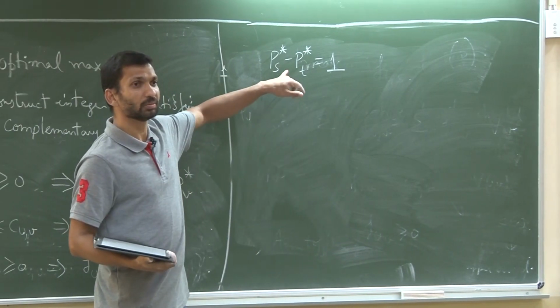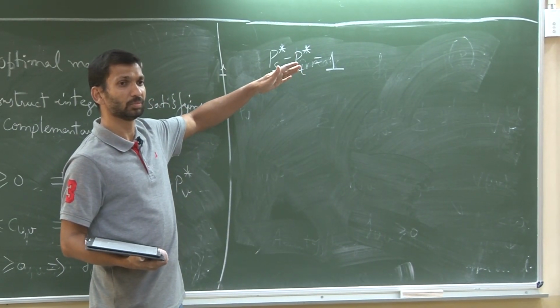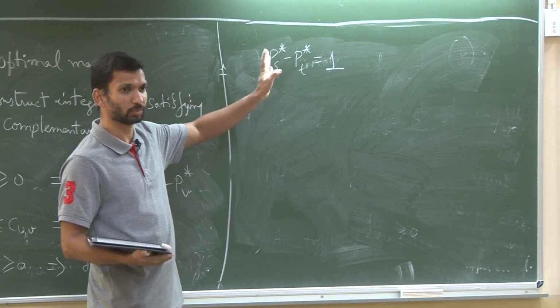This has to be 1 because we assume the flow from S to T has to be positive.